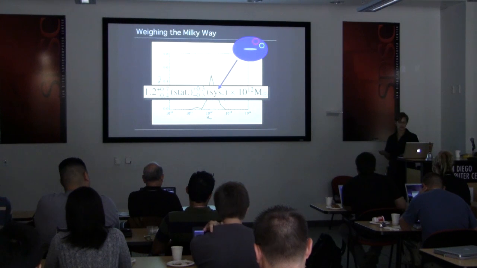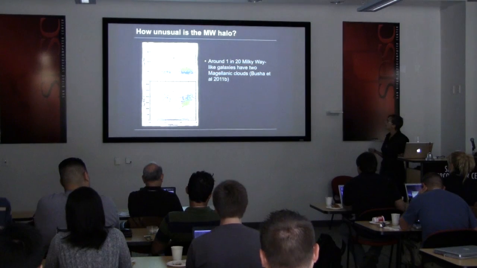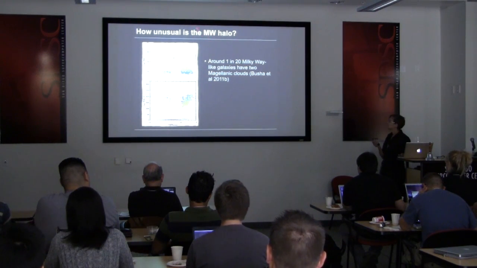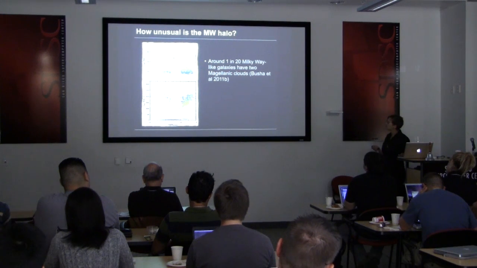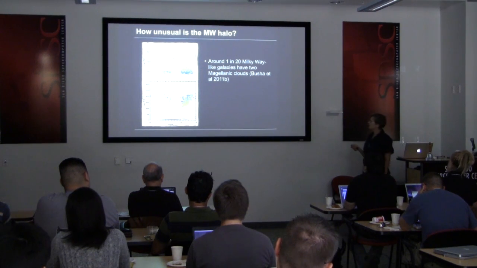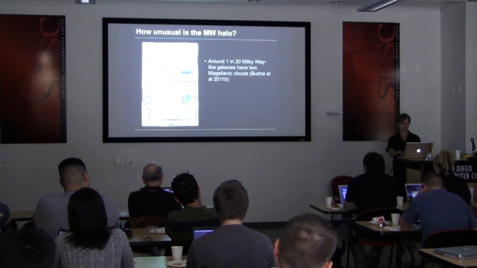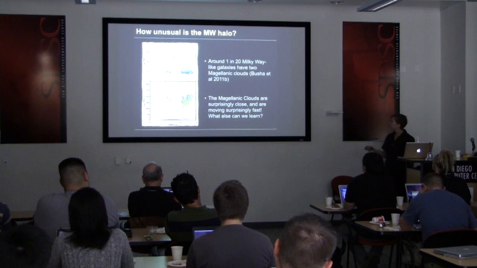Lots of other questions you can ask from this same analysis. First of all, you can ask whether this is typical. We talked about this already. It turns out that just 1 in 20 Milky Way-like galaxies have two Magellanic Clouds. We also find that given that they have two, the Magellanic Clouds are surprisingly close to the Milky Way.